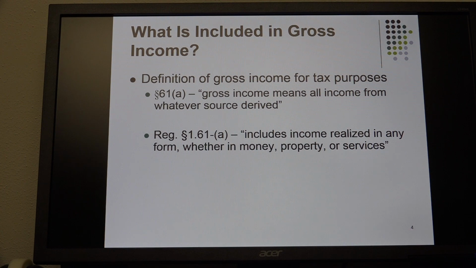Realization, there has to be some sort of economic transaction that occurs with another party. And the transaction must result in a measurable change in property rights.